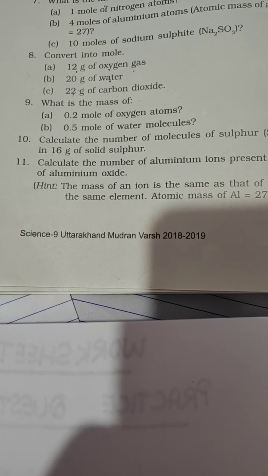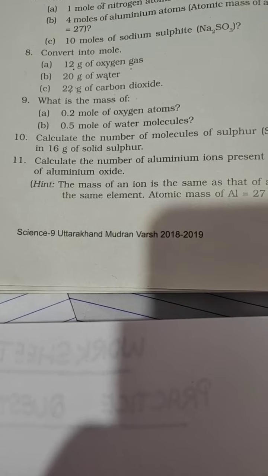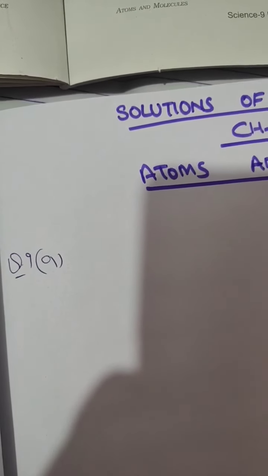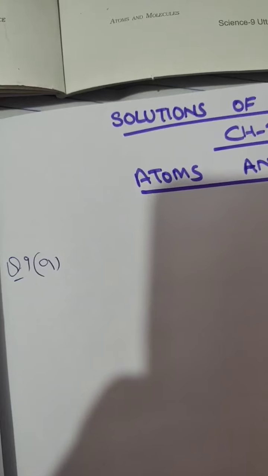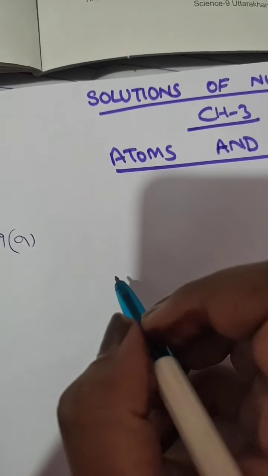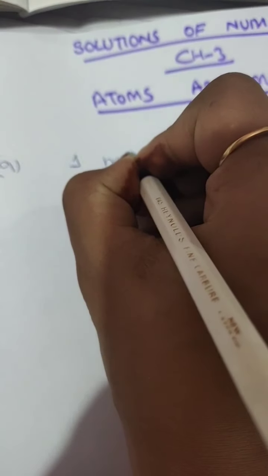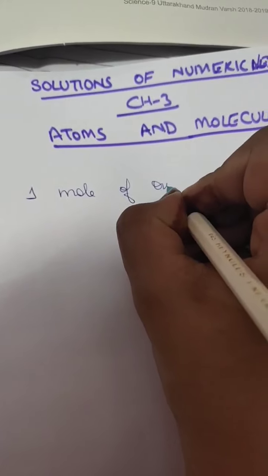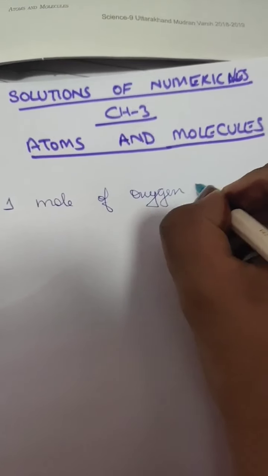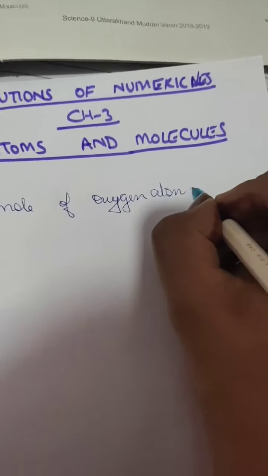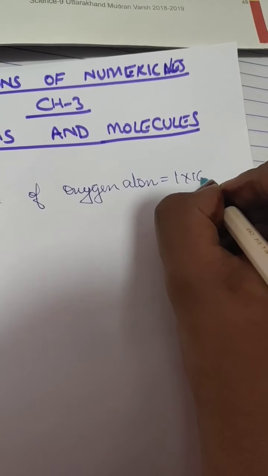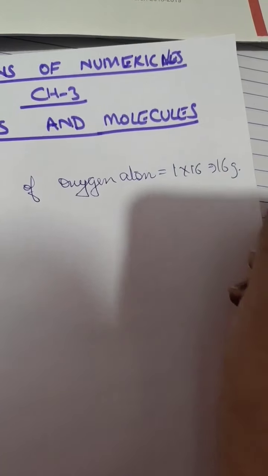So to solve this question, the mass of 1 mole of oxygen is 16 grams, since we know that there is a relationship between the mass and the number of atoms. So 1 mole of oxygen atom is 1 into 16, that is 16 grams.